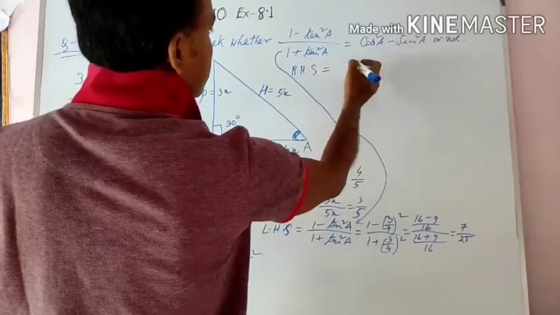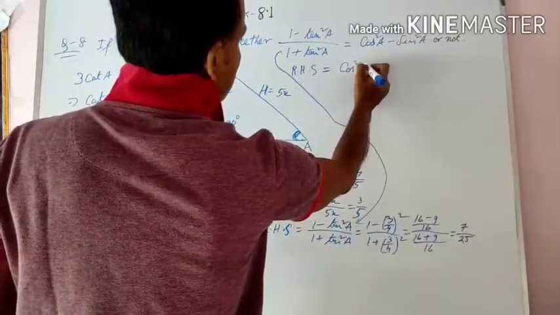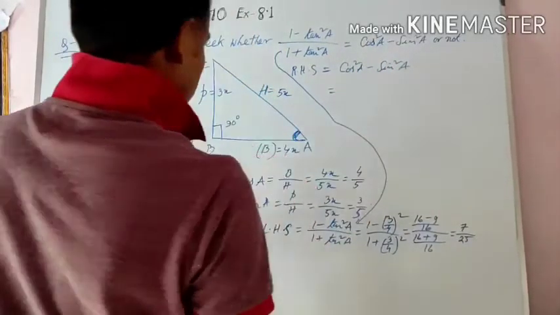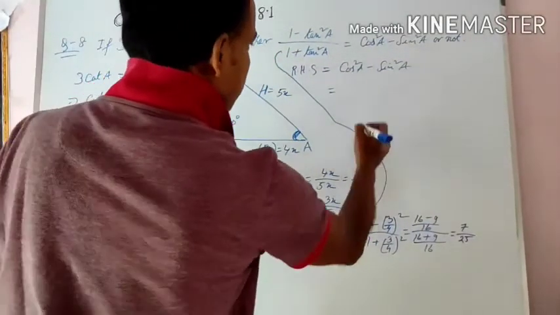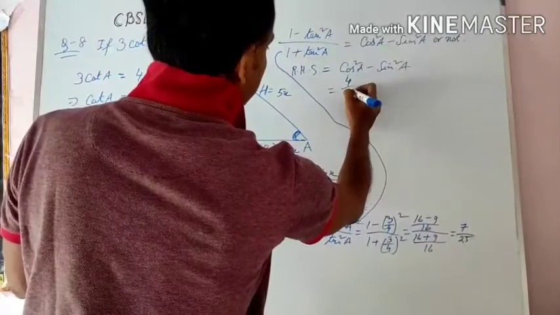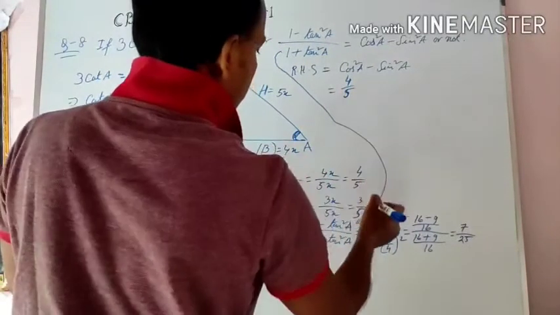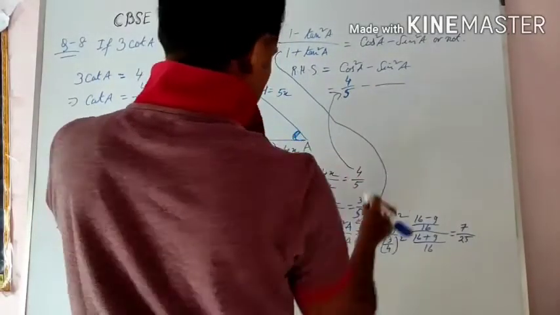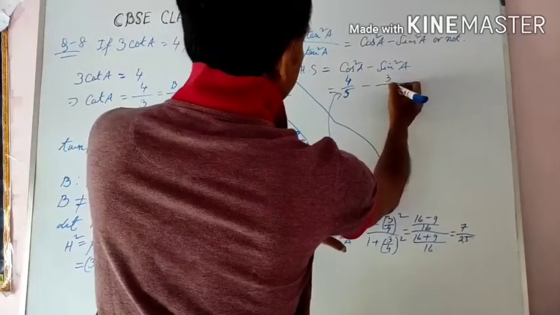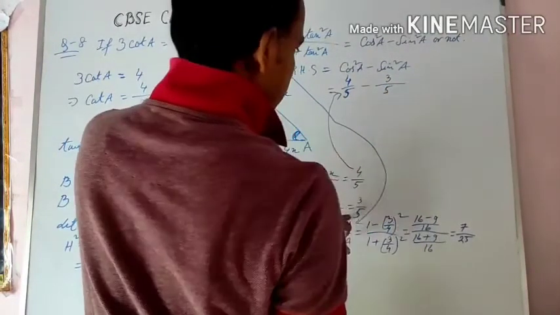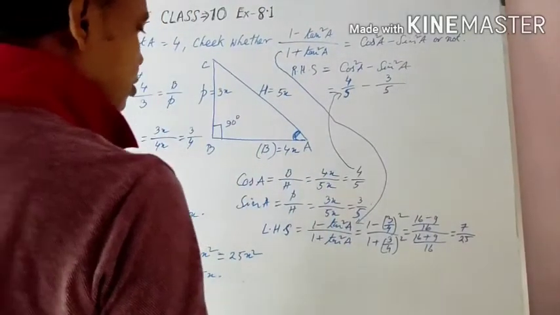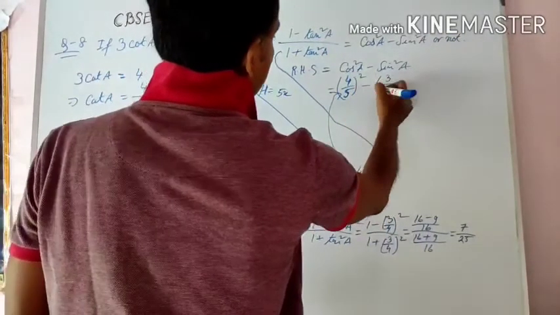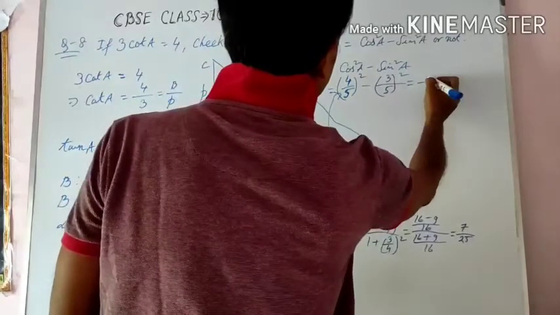Right hand side is equal to cos square A minus sin square A. Cos A is equal to 4/5, and sin A is equal to 3/5. So this is square here, and this is square here.